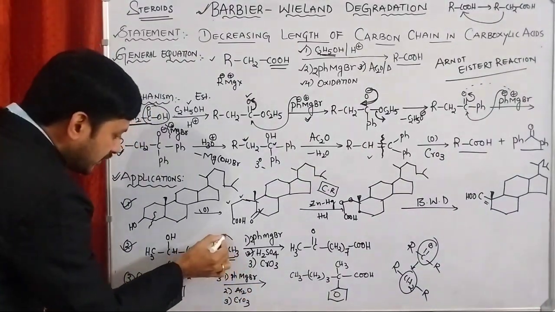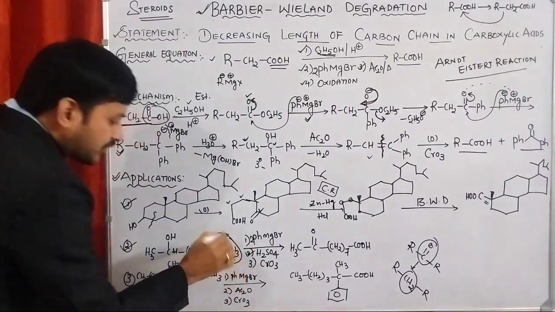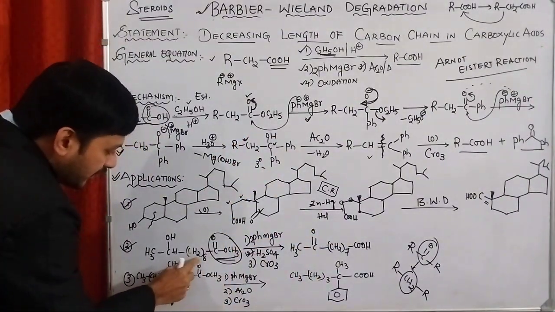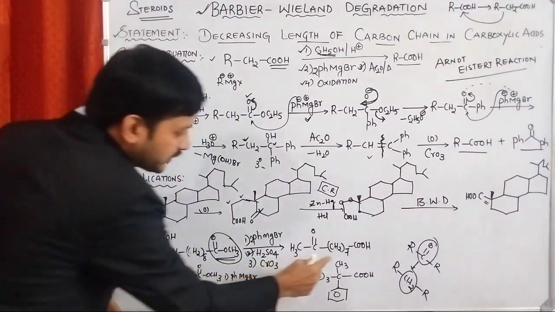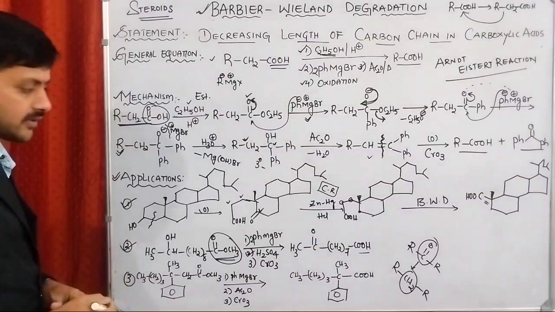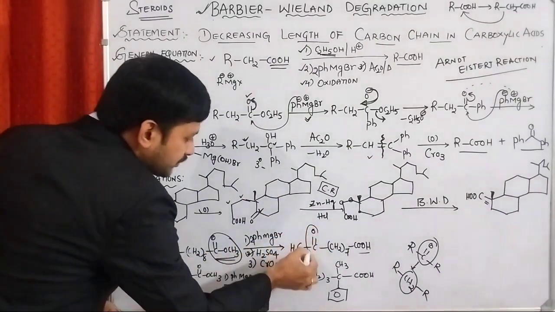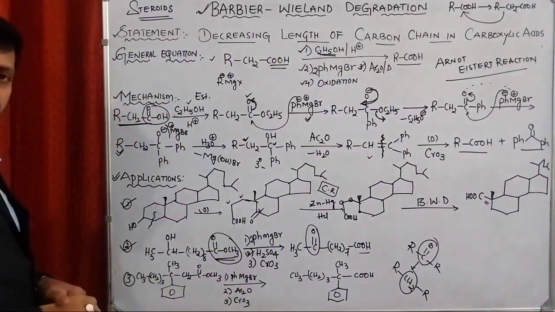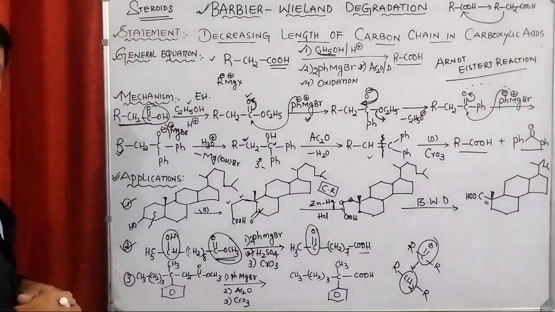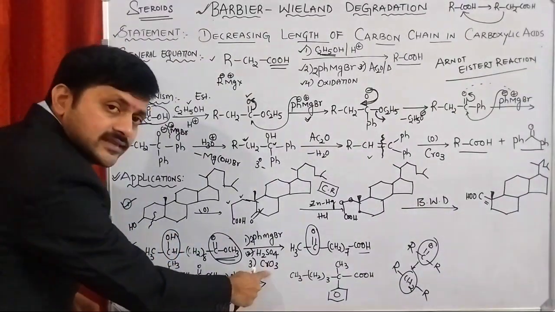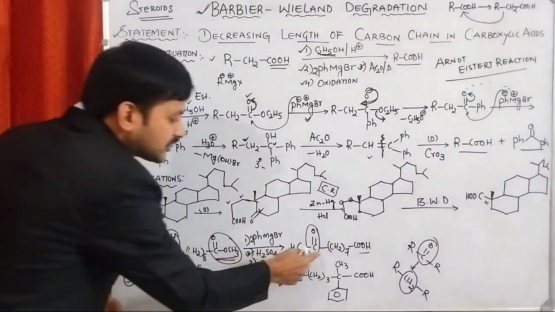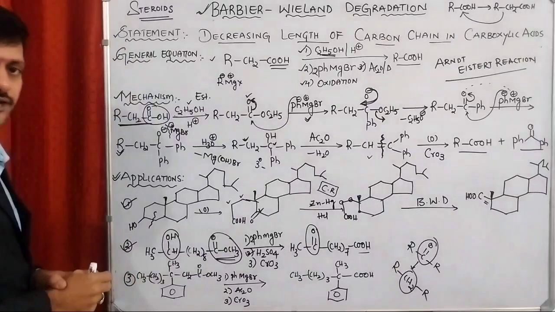So this ester is converted into COOH and one CH2 group will be reduced. See this one, CH2 and COOH. If you observe this one, here it is a keto group. This one is an alcohol, and we are using an oxidizing agent, so the alcohol group is also converted into the corresponding ketone.